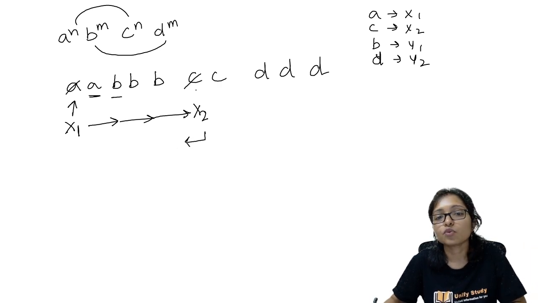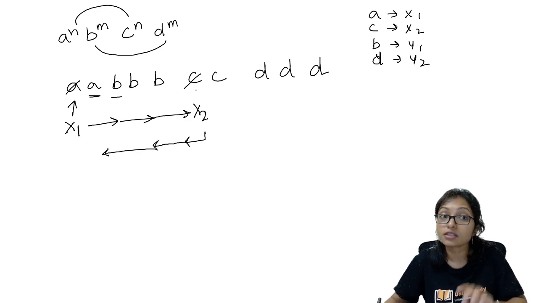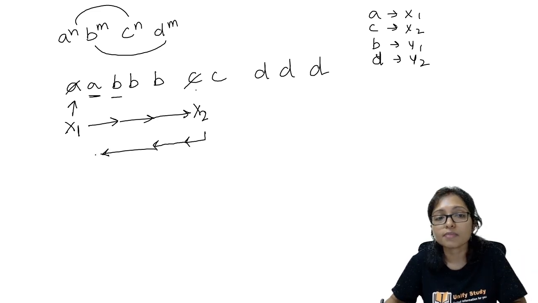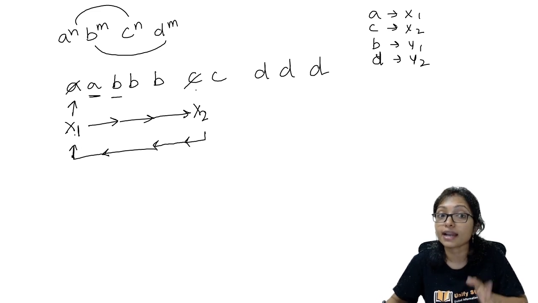Whenever you are moving to the left direction, you will get some b and a as they are, because I need to find my last checkpoint. What is my last checkpoint? That was this one. Whenever I get x1, I can understand, okay, it was my last checkpoint.